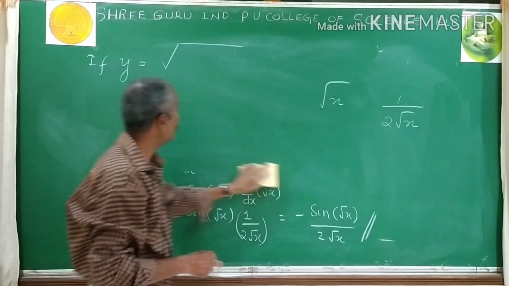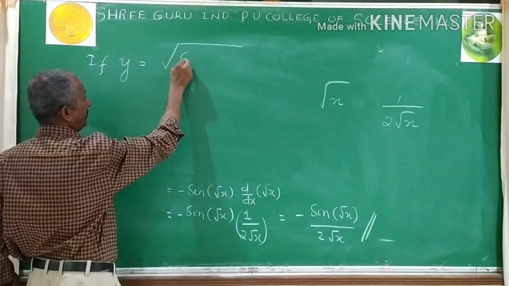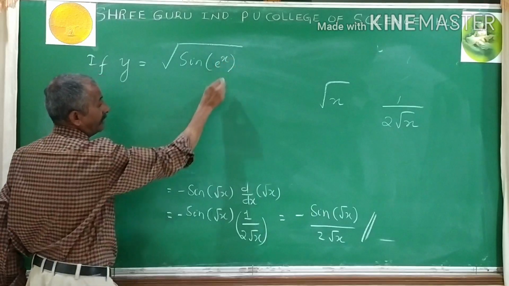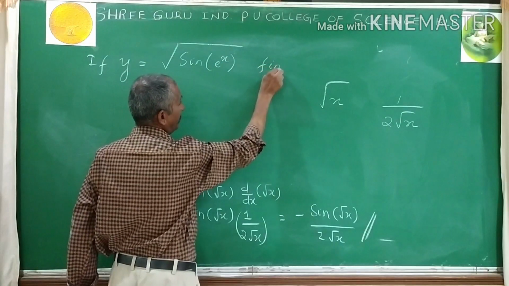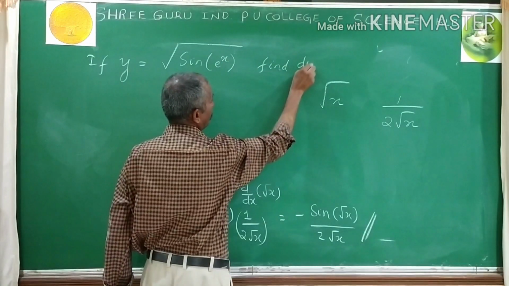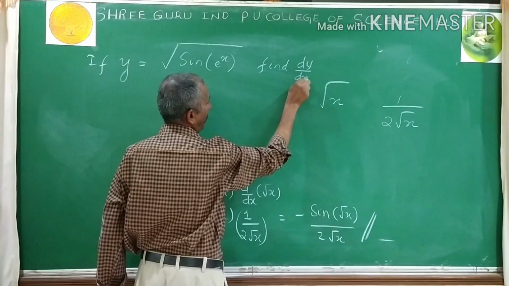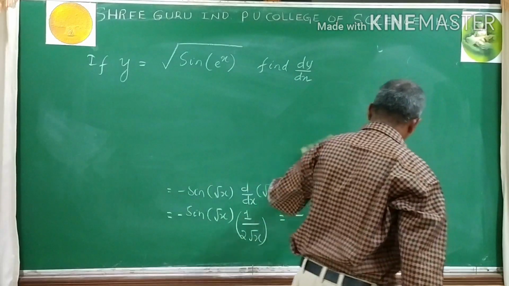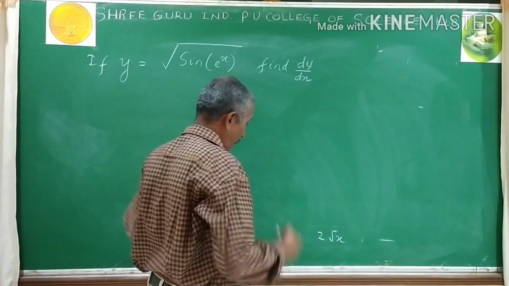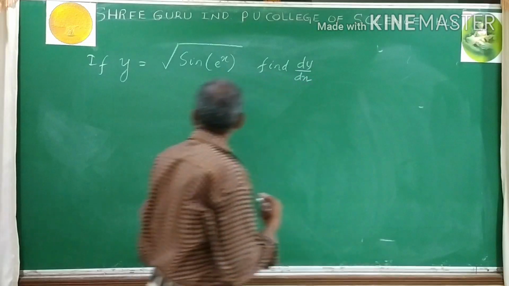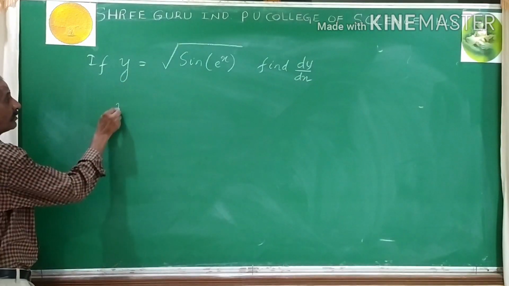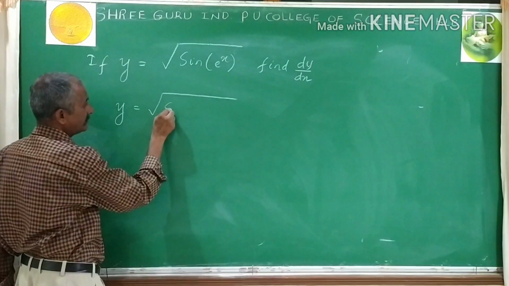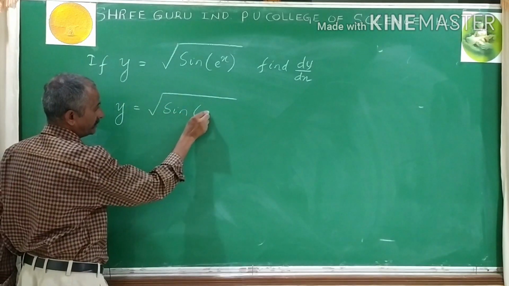If y equal to square root of sine of e power x, then find dy by dx. Solution. Write first the given problem. What is the given problem? Given problem is y equal to square root of sine of e power x.